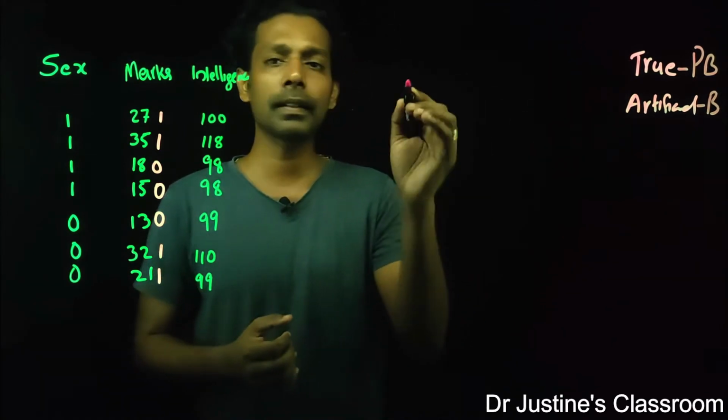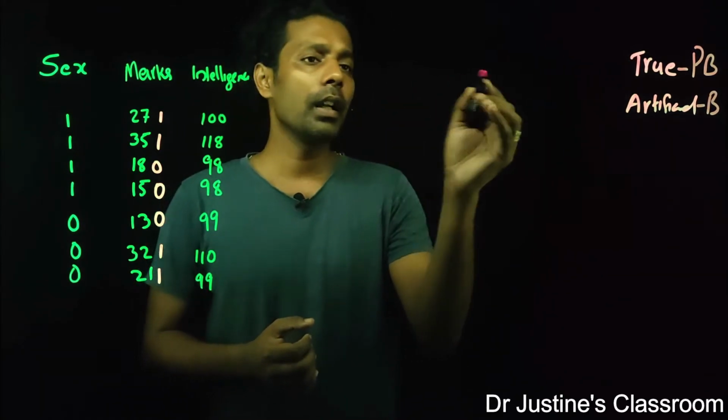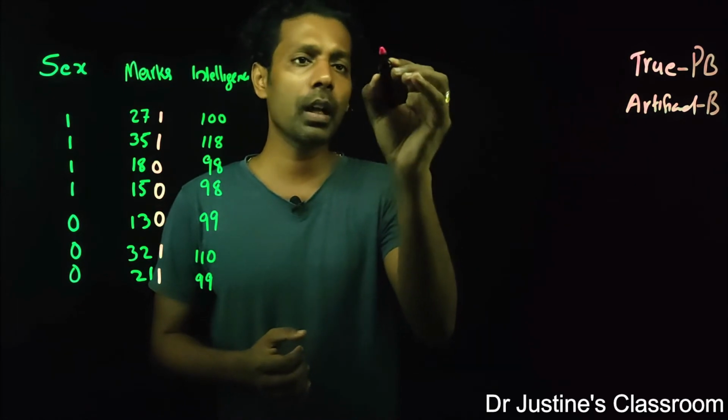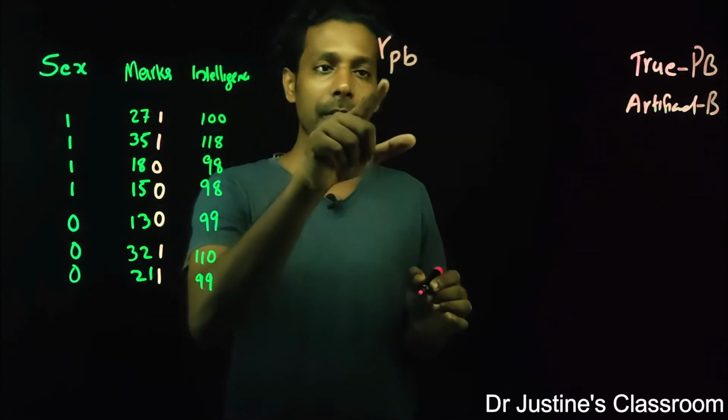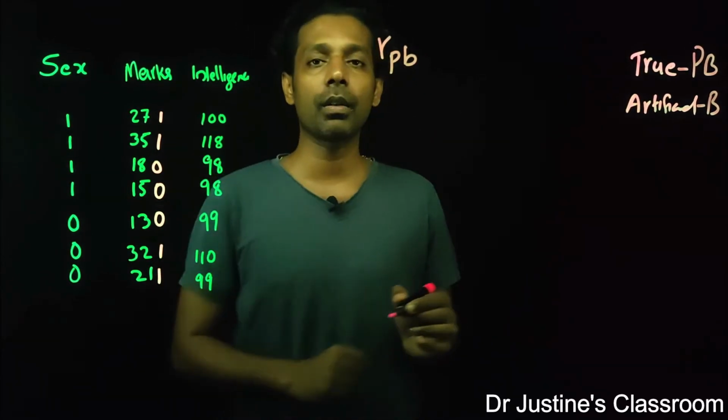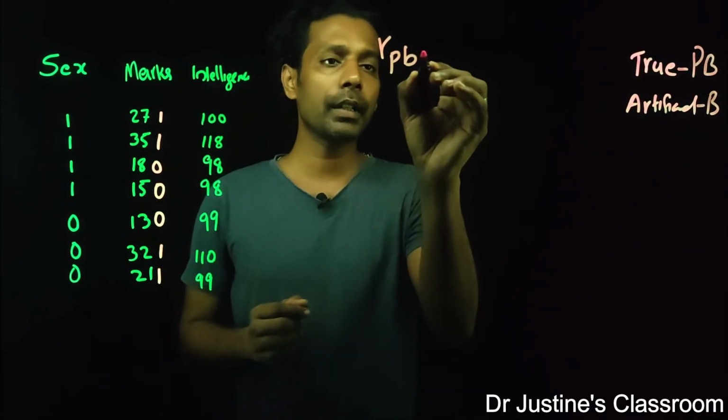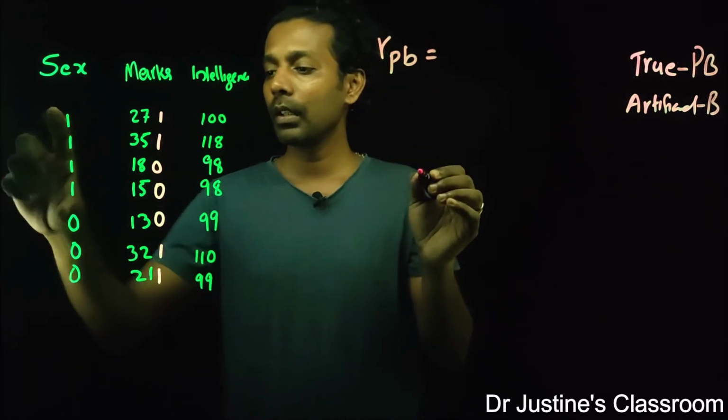So how do you represent point biserial correlation? It is basically r itself, usual r, r_pb, where p means point biserial correlation. How do you calculate it? It's very easy to calculate. This is the first group.